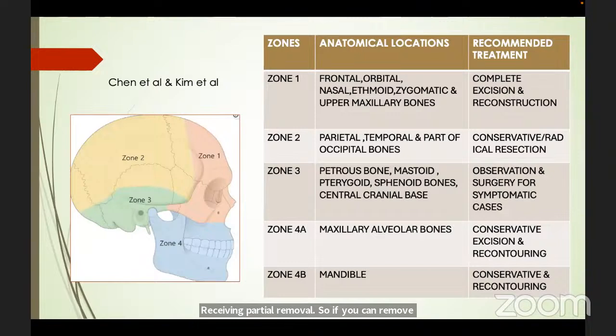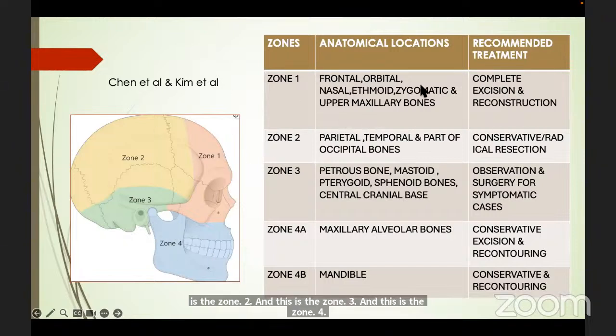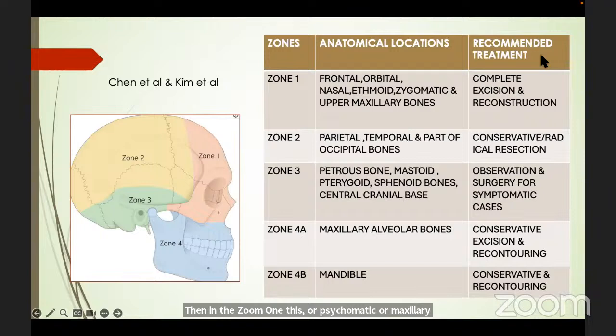Then there are these zones described by Chen and Kim. They have described the zones of fibrous dysplasia. You can see this is zone 1, this is zone 2, this is zone 3, and this is zone 4. In zone 1, when it is orbital or zygomatic or maxillary bones, complete excision and reconstruction can be done.